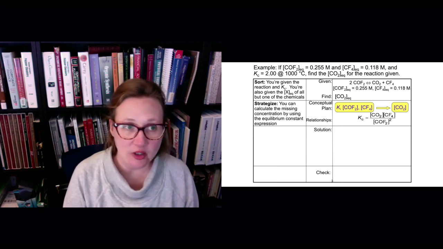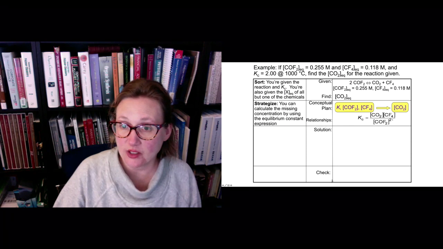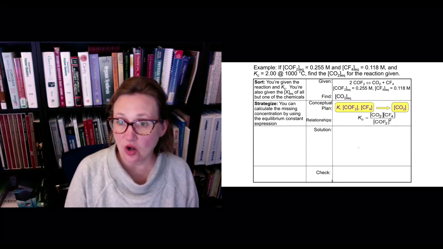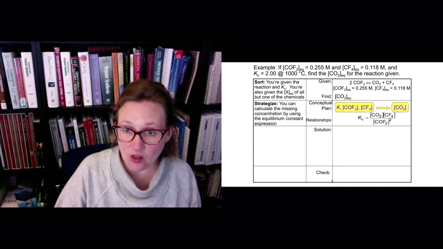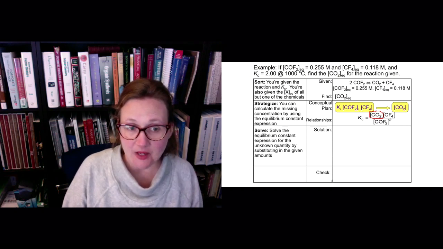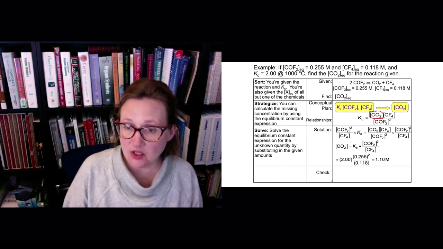We know that the equilibrium constant is CO2 times CF4 divided by COF2 squared. That's our expression, and we can insert all those numbers except for CO2, so we can solve for CO2. We're going to solve for the equilibrium concentration by substituting in what we know.